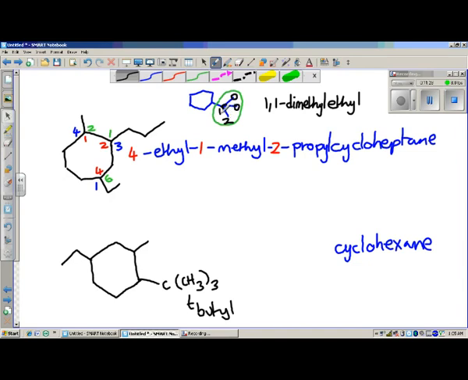Oftentimes you'll see it written like this with a T up in the air, t-butyl, meaning tertiary butyl. And what the T says is, like I said before, something to do with the number of methyl groups coming off the carbon attached to the parent chain.